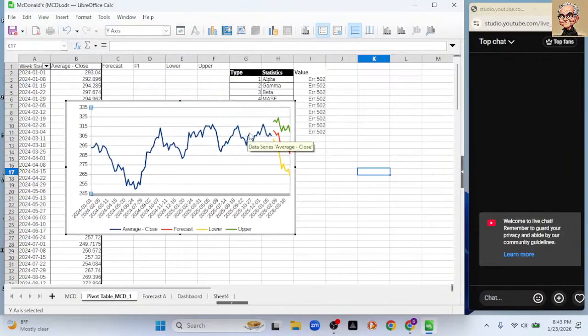So, a couple quick notes. Like I said, if we did this with Excel, we'd probably get more of a straight line, okay?